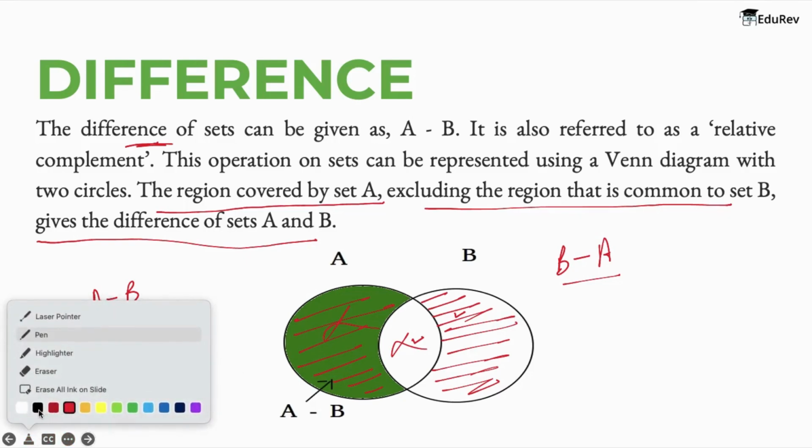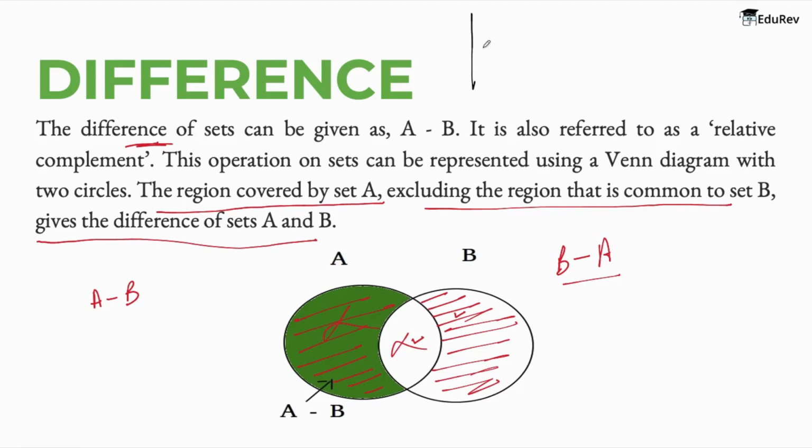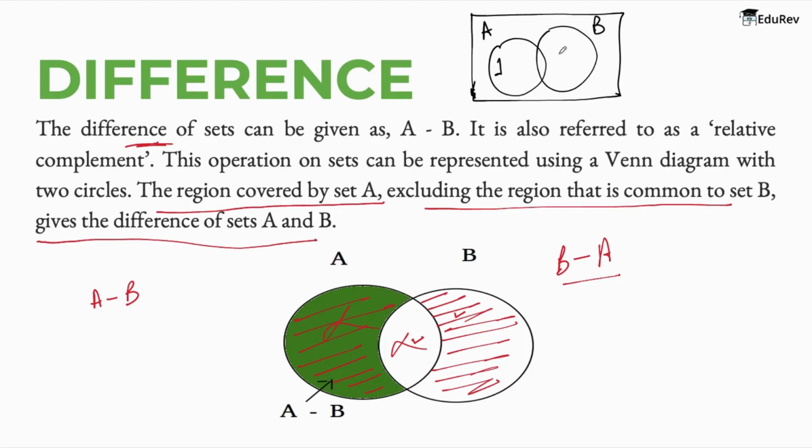Let's understand this with the help of an example. Suppose we have a universal set and two sets, your set A and your set B. Let's say in your set A we have 1 and 3. In your set B you have, let's say, 41 and 79, and the common element is 8.